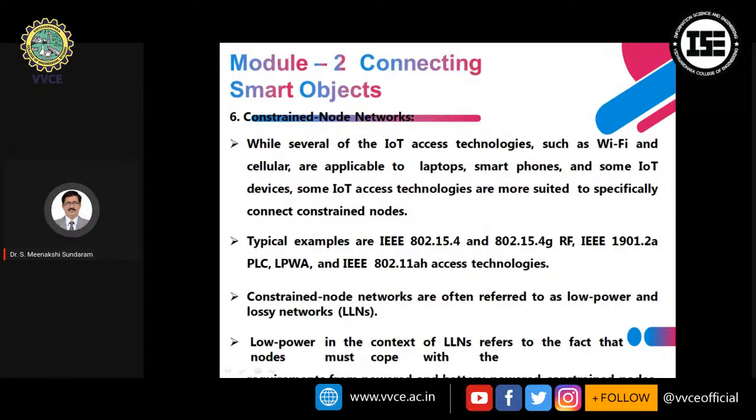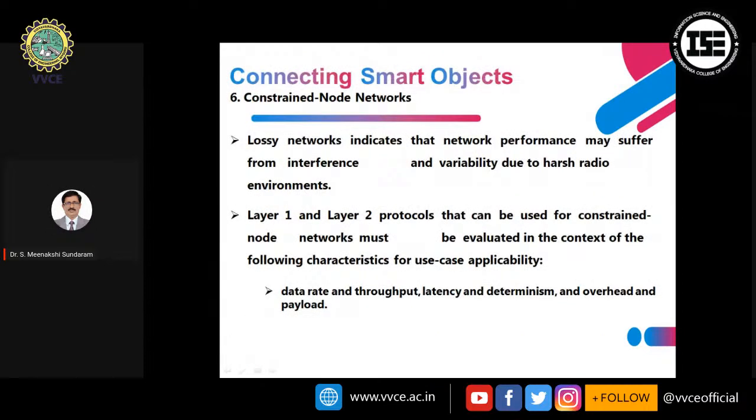So constrained nodes are often referred to as low power and lossy nodes, LLNs. These lossy networks indicate that the network performance may suffer from interference and variability due to harsh radio environments.